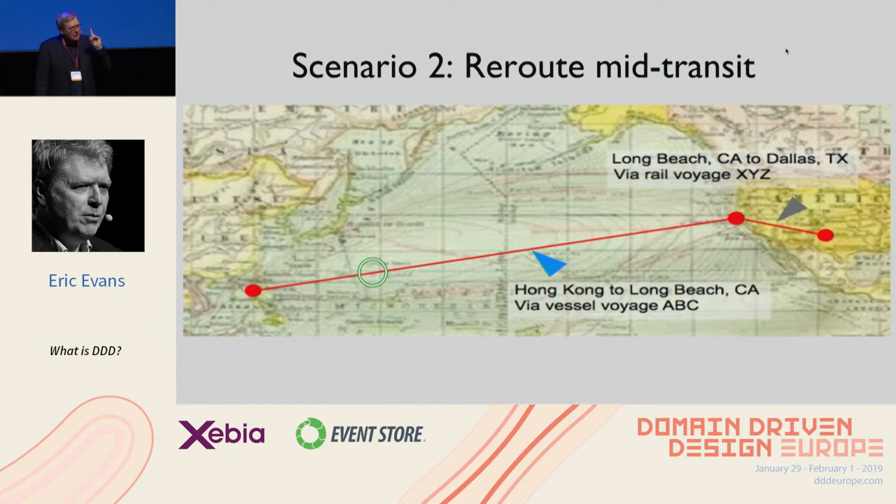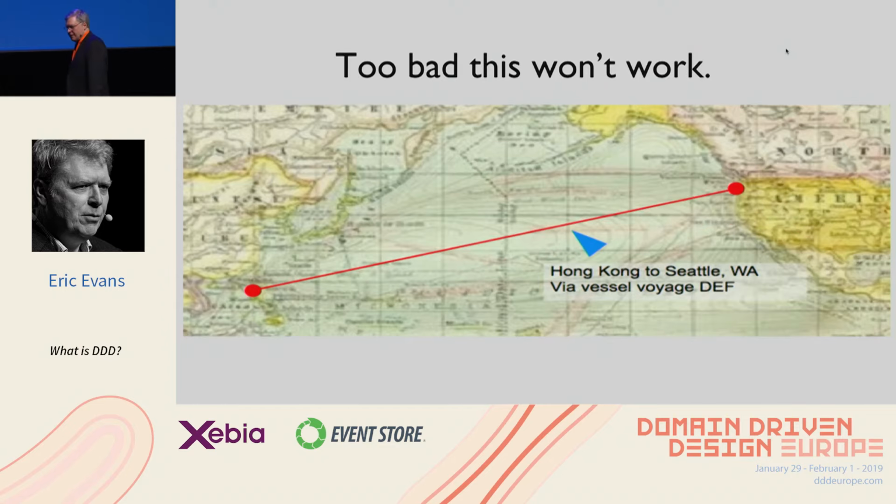But by this time, the ship has already sailed. The cargo is somewhere in the middle of the Pacific Ocean. If only they had called a few days sooner, we could have just done the whole thing over again, right? Then it's simple from a software point of view, because we can just undo everything we did and do it all from the beginning. But now we cannot do that.